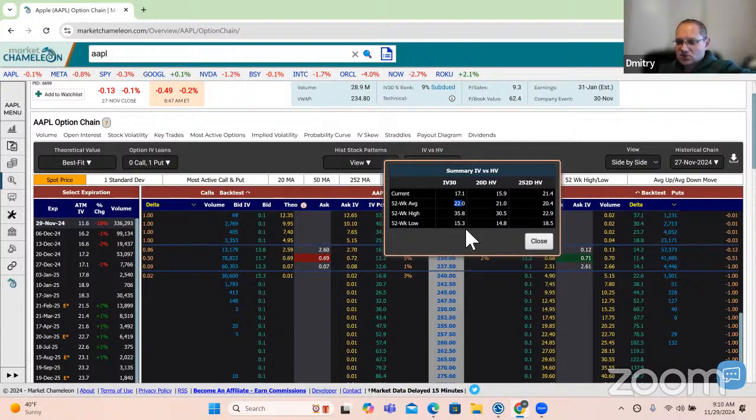So here's the high, 35.8, and the low is 15.3. Now we can compare that 17.1, and we're near the low end of that 52-week range.